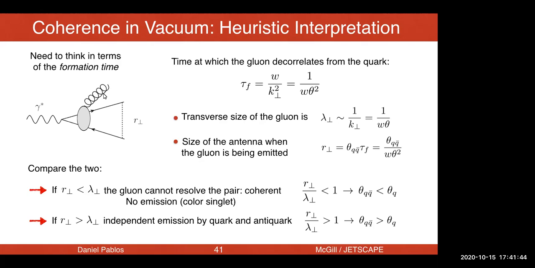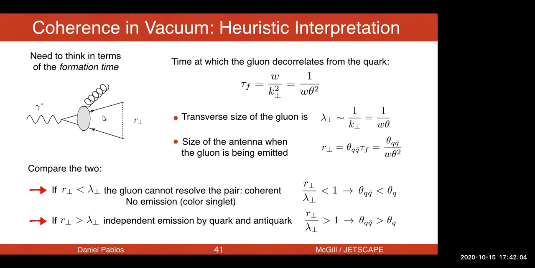If the size of the antenna is greater than the wavelength of the gluon, then this gluon can start resolving the individual charges. And for that, it needs to radiate inside the angle of the antenna. This is, in essence, the origin of angular ordering that is introduced in parton showers.